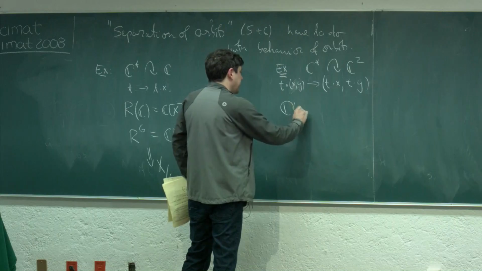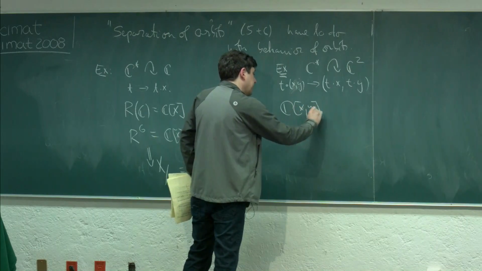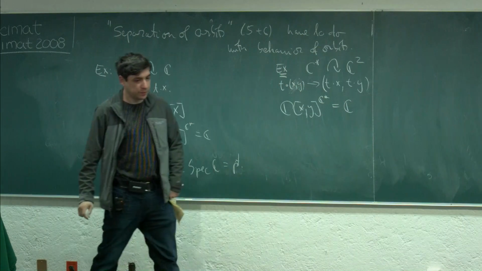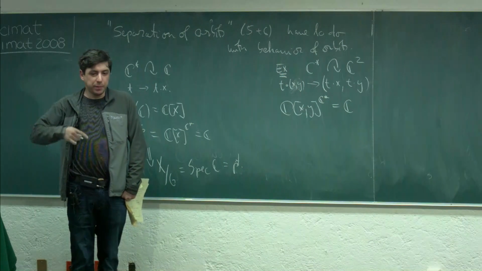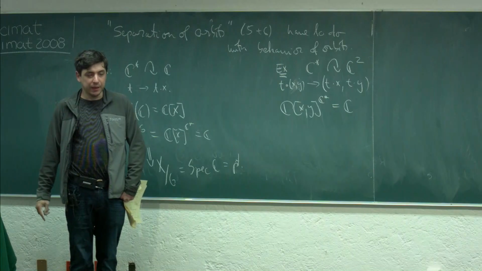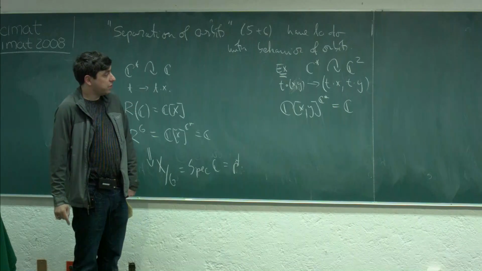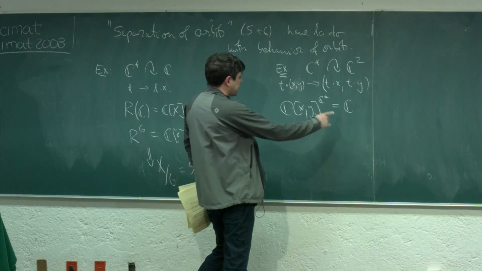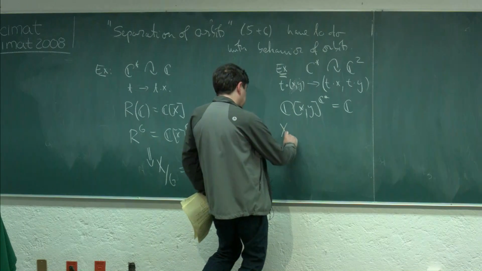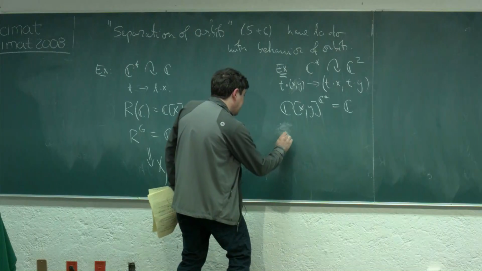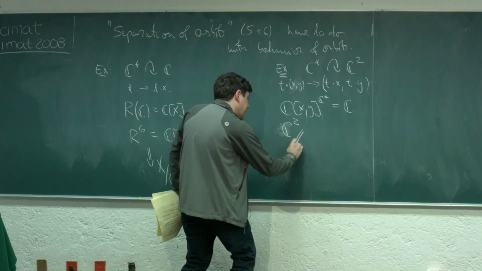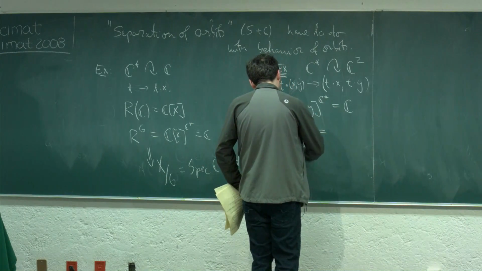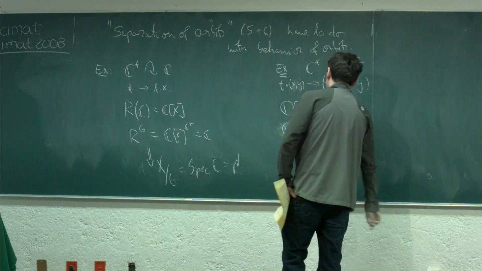Again, the ring of invariants is just C. I'm multiplying both variables by t, and it is obvious that the only things that remain invariant are the constants. So here the quotient, C squared mod C star, is just a point.